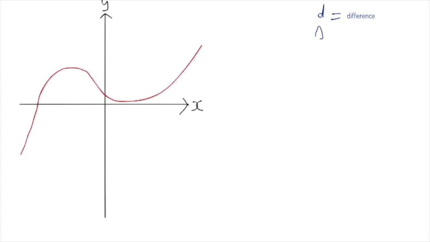And when I put a triangle, I mean delta, which is just change, or slight difference, or small perturbation, if you will. We'll get back to that in a second.